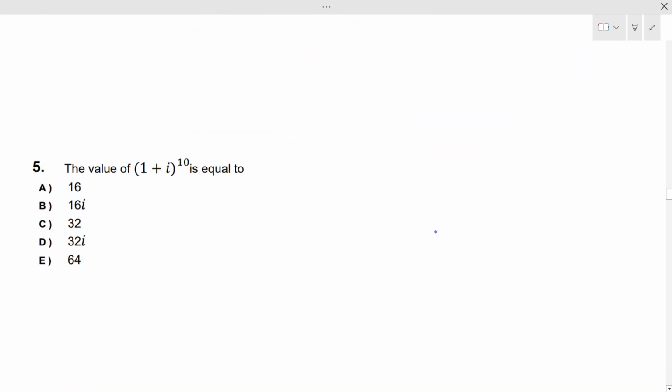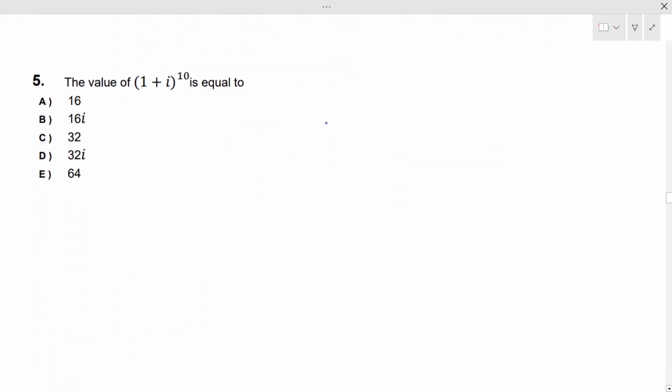So, next we have this. Find the value of (1 plus iota) to the power 10. Now, here many students make a mistake of expanding it in binomial theorem like this, 10C0 and so on, right? So this is a time-taking way, so we won't do it like this.